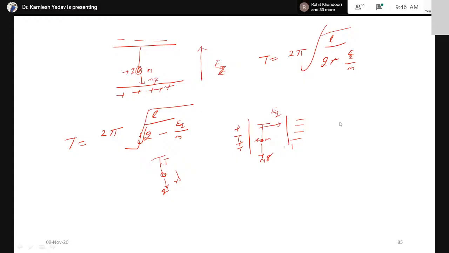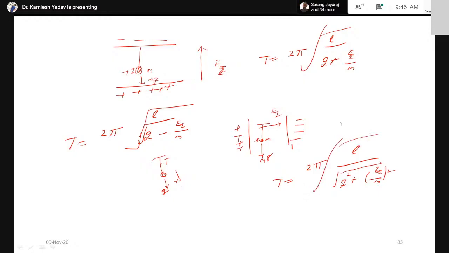If these two are perpendicular, in that case the time period will be equal to 2 pi under root of L upon the square root of (g square plus (EQ/m) whole square). In that case the time period will be equal to this.